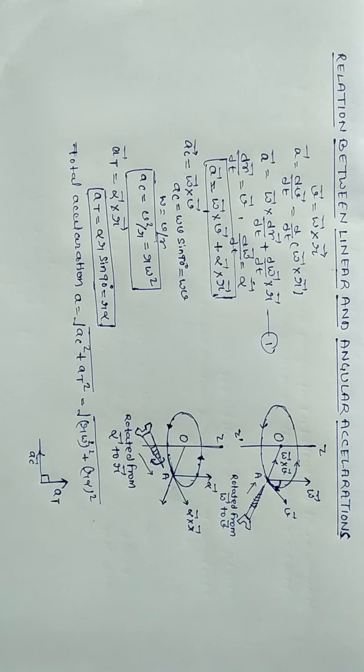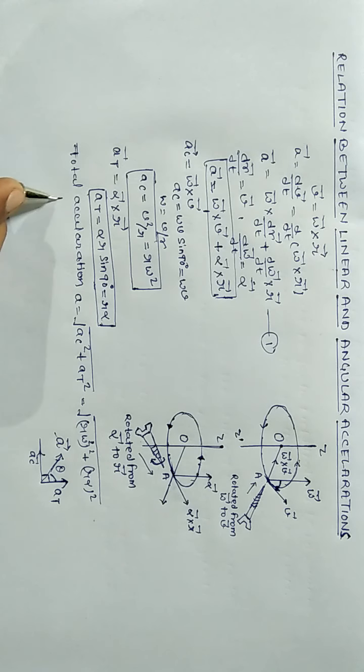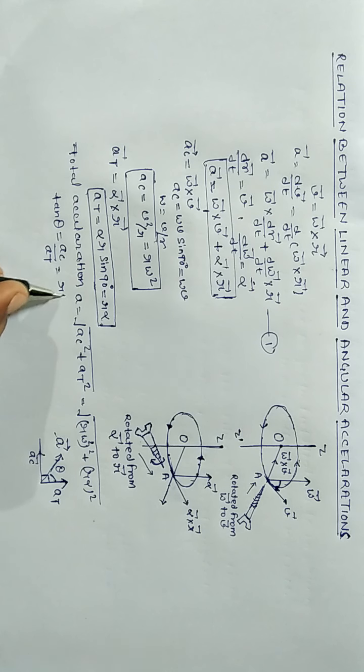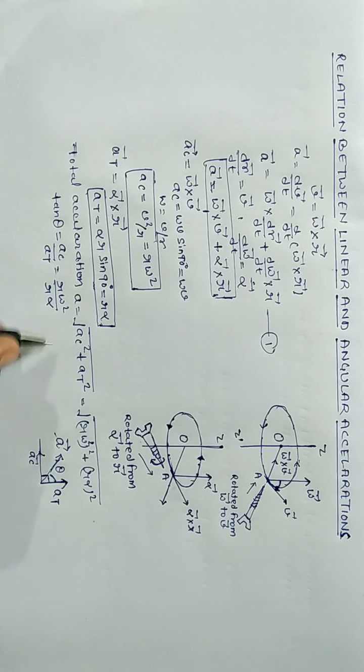If we suppose that the total acceleration, which is a, makes an angle theta with the transverse component, then tan theta is equal to ac upon at, or r omega square upon r alpha, or tan theta is equal to omega square upon alpha.